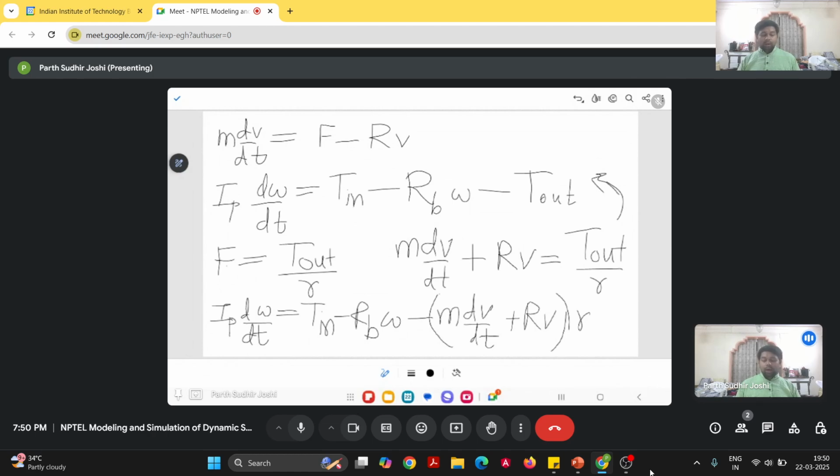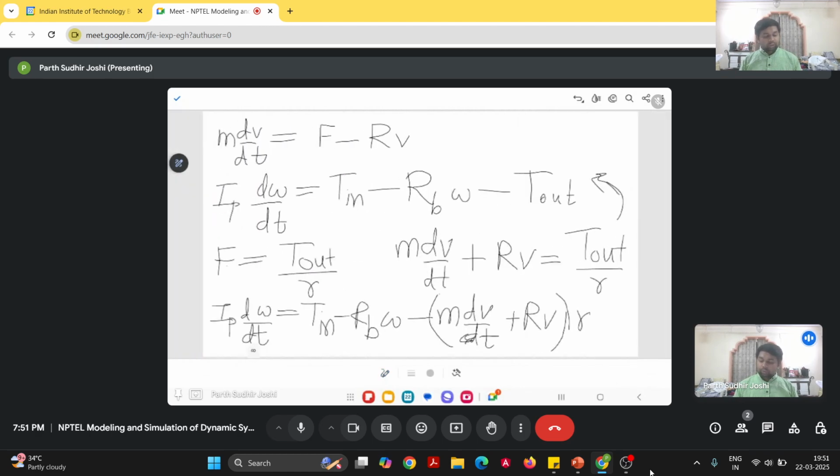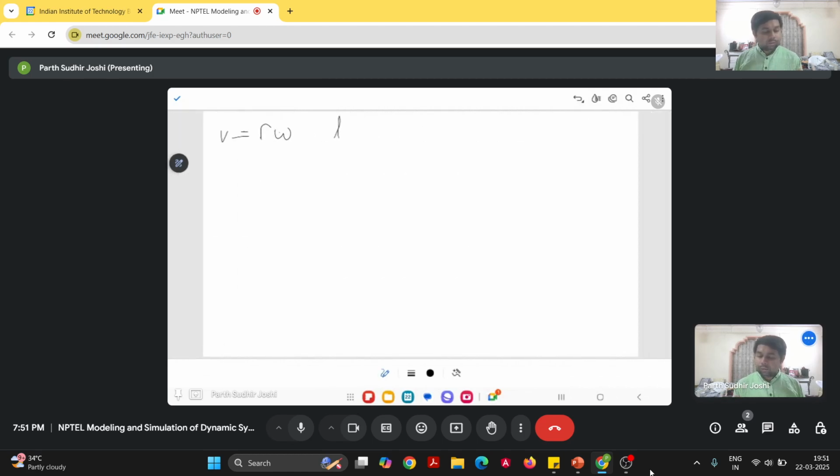Now here we know that the angular velocity omega and the translational speed of the rack are related. How are they related? They are related through V is equal to R into omega. Then we will substitute this and eliminate the variable omega in the previous differential equation. So we can write that d omega by dt is equal to 1 by r dv by dt.